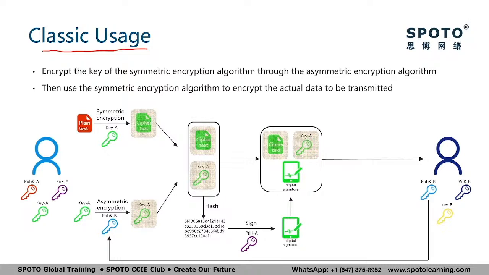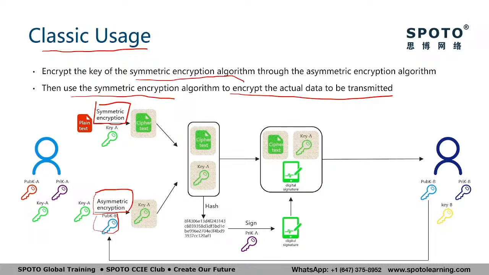As we know, symmetric encryption is fast and compact. So we use the symmetric encryption algorithm to encrypt the actual data to be transmitted. It's faster. Then we use asymmetric encryption to encrypt the key which is used for the symmetric encryption algorithm.